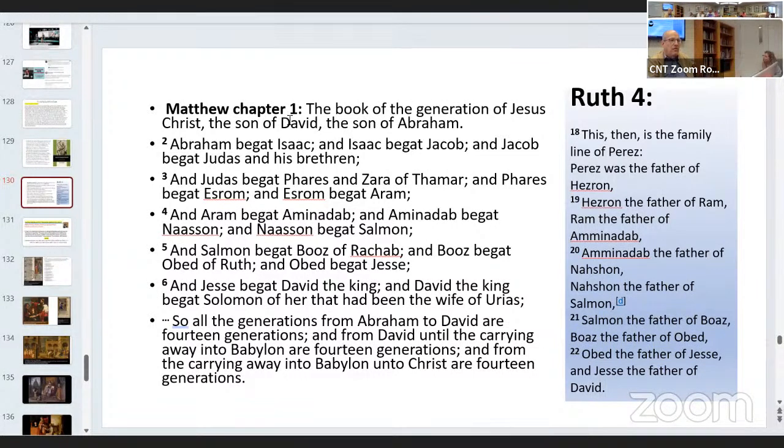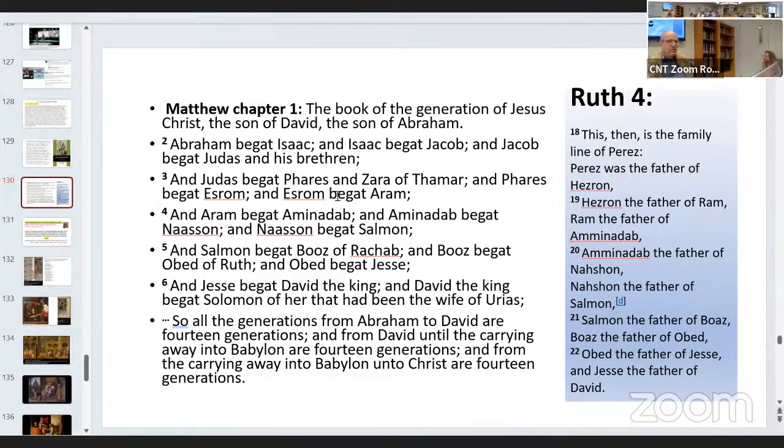So in Matthew chapter 1, it says the book of the generation of Jesus Christ, the son of David, the son of Abraham. Abraham begat Isaac, and Isaac begat Jacob, and Jacob begat Judas and his brethren. So we don't care about all his other brothers, we care about just Judah, okay?